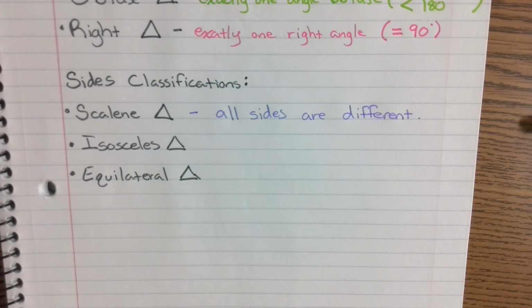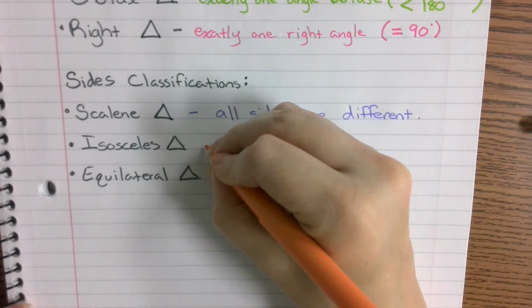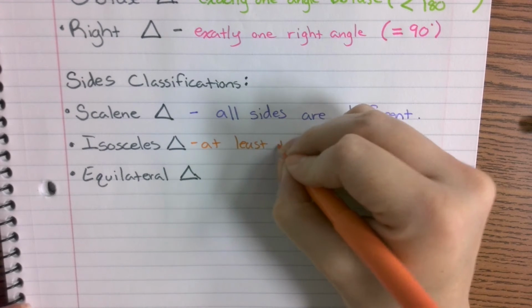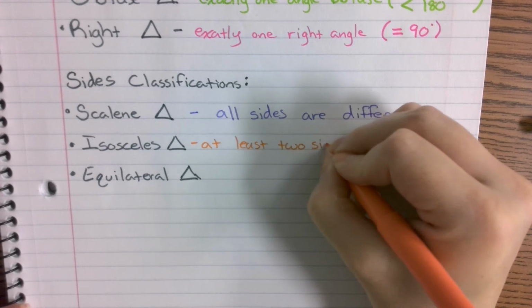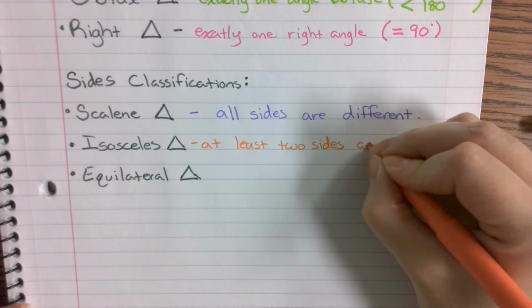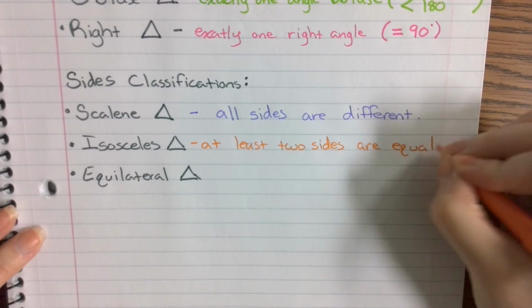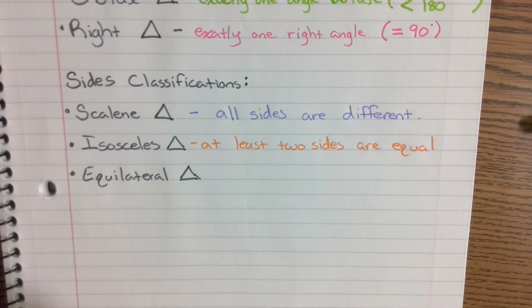Isosceles. With an isosceles triangle, at least two sides are equal or congruent. That also means two angles would have to be equal.